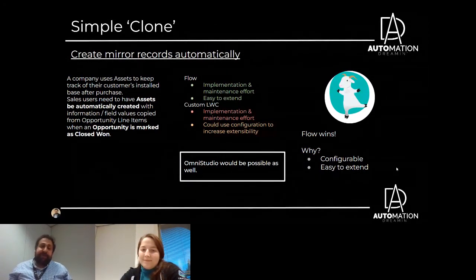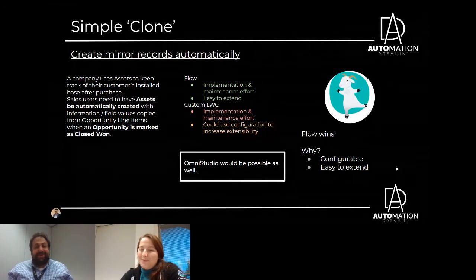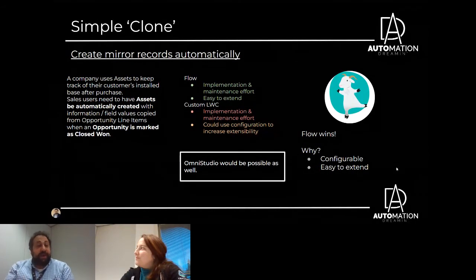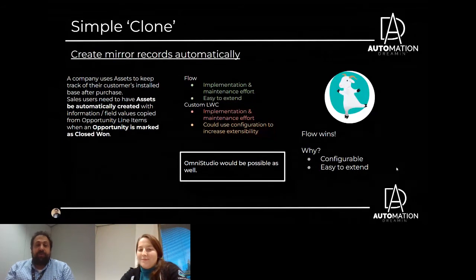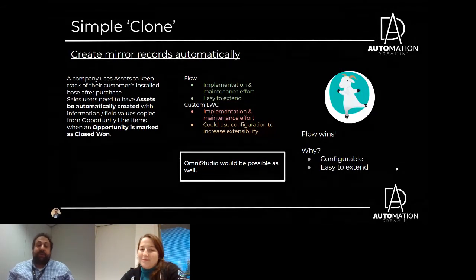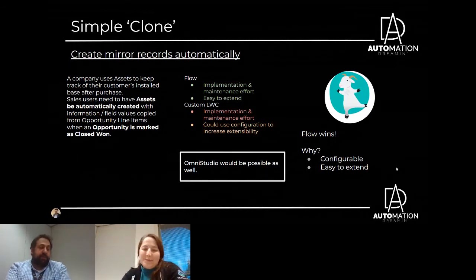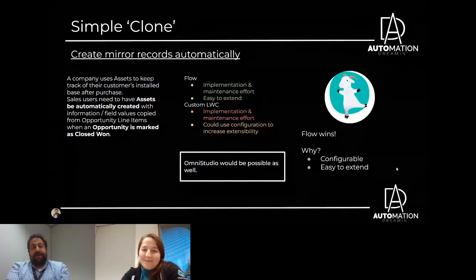On the other hand, I have the extreme case for the custom Lightning web component, or the extreme tool. If we want to go overkill, we can go for that. The implementation and maintenance effort is considerably higher.